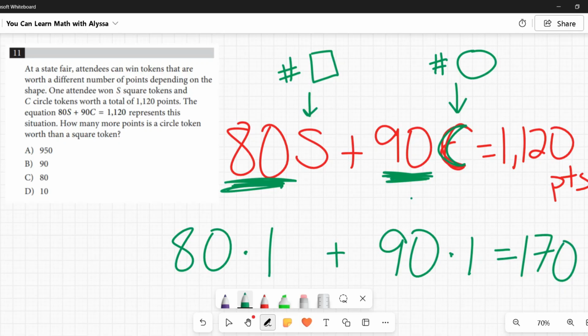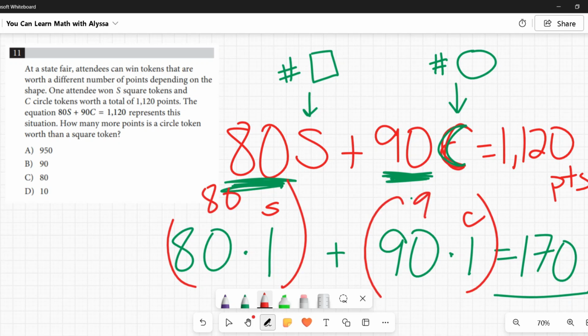So 170 points total. I think it's a little easier when you look at it like that. I have one S token and one C token, and together they equaled 170. Well, 80 times S gave me 80 of those points, and 90 times C gave me 90 of those points. So the S was worth 80 points, the C was worth 90 points.